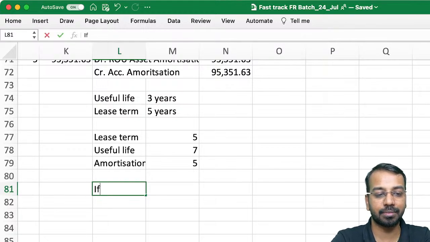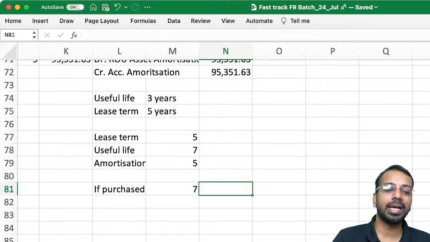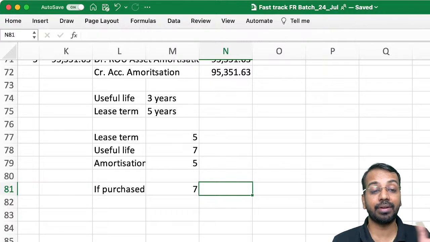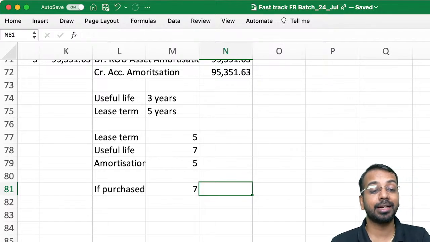So if purchased, I will use 7 years. The logic is I will amortize the right of use asset over the period I am using the particular asset. So if as per the contract the car gets transferred to the lessee after 5 years, then you will amortize it over a period of 7 years. That is the useful life for the right of use asset.